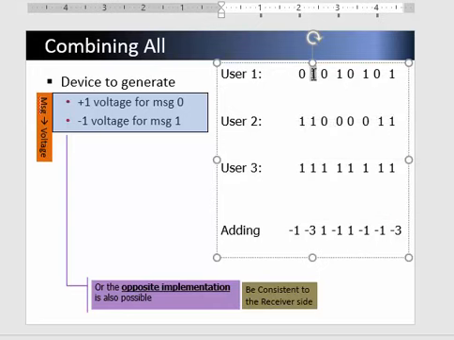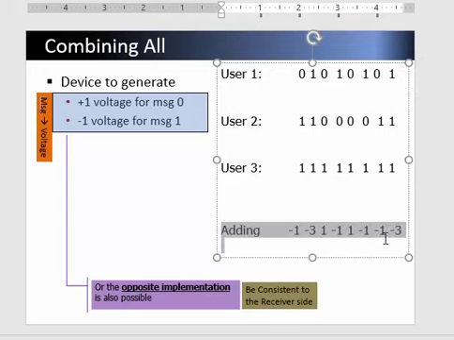If it is a 1, then -1, -1, -1. So that'll be -3. So we add bitwise, column wise. So this is 1, this is 1, this is -1, then it'll be 1 if we add them all.